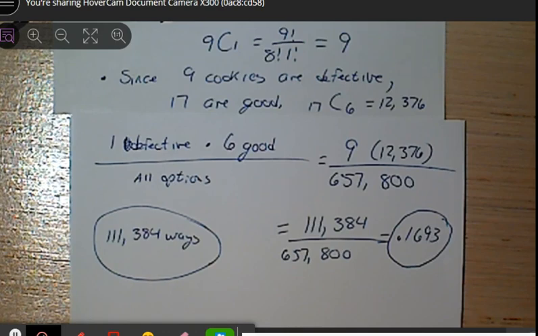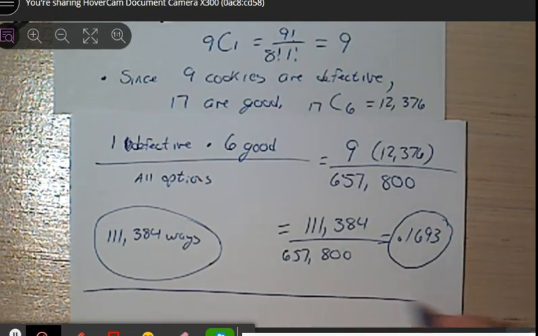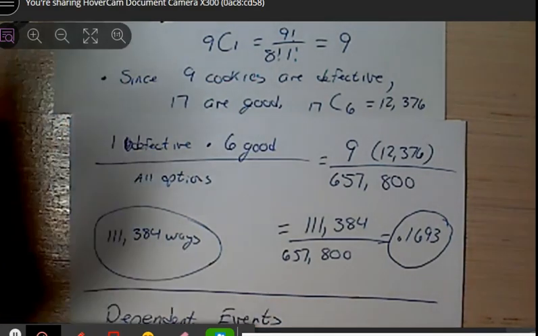The other one that they may throw at you is dependent events.